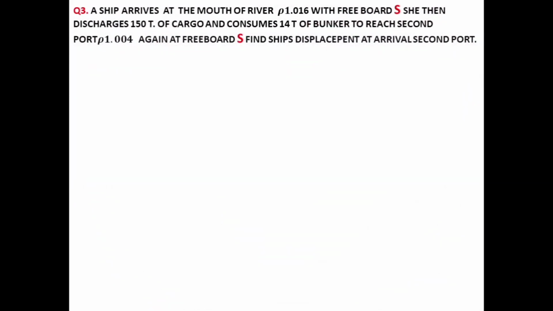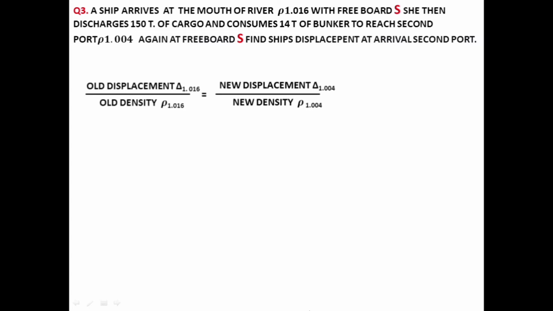This question here is talking about a ship in a relative density of this. It is discharging, consuming, and reaches the second port of 1.004. And again, its freeboard is the same as this, which means your draft is the same. So S is basically for summer freeboard. So I just put up the old displacement, new displacement, and the formula here.